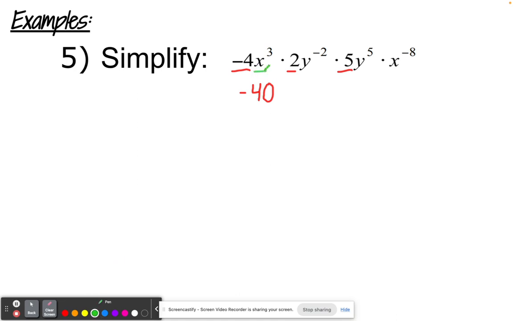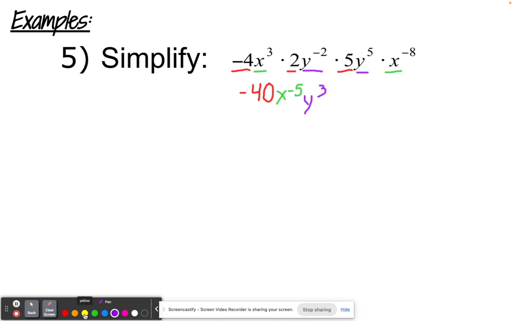I have x to the 3rd power and x to the negative 8 power. 3 plus negative 8 will give me x to the negative 5. And next I have y to the negative 2 and y to the 5th power. Negative 2 plus 5 is 3, so y to the 3rd power.